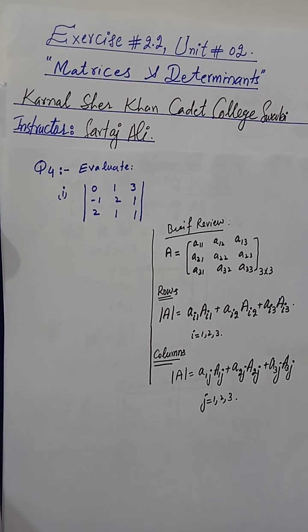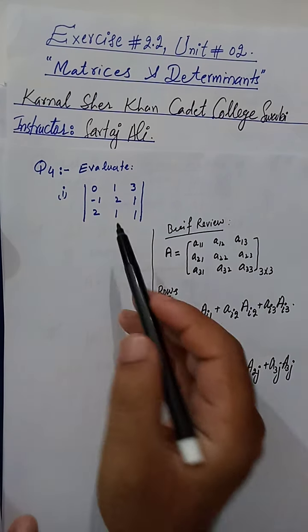So if the element is 0, you don't need to find the cofactor of that element, because 0 multiplied by the cofactor gives 0. So remember, the best possible option is to choose such a row or column which contains the maximum number of zeros.